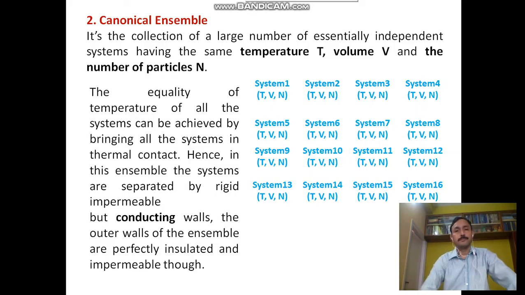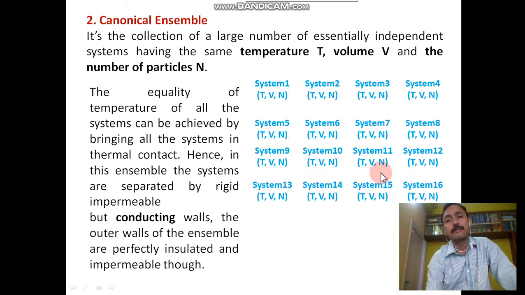Canonical ensemble. It is a collection of a large number of essentially independent systems having the same temperature T, volume V and number of particles N. Here we have taken an assembly of systems where T, V and N are fixed.